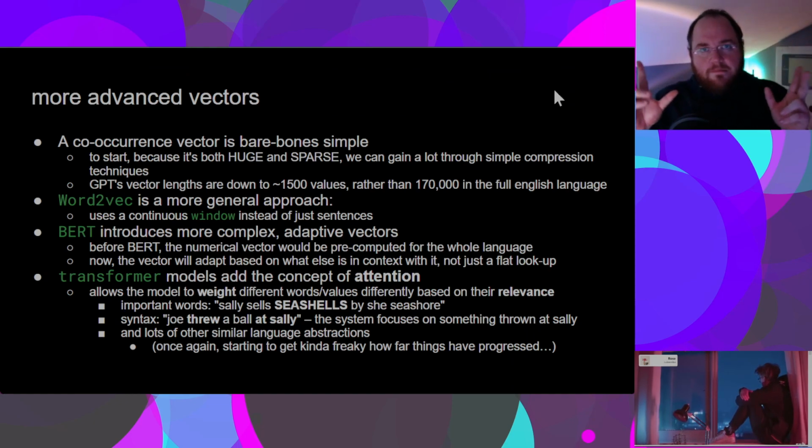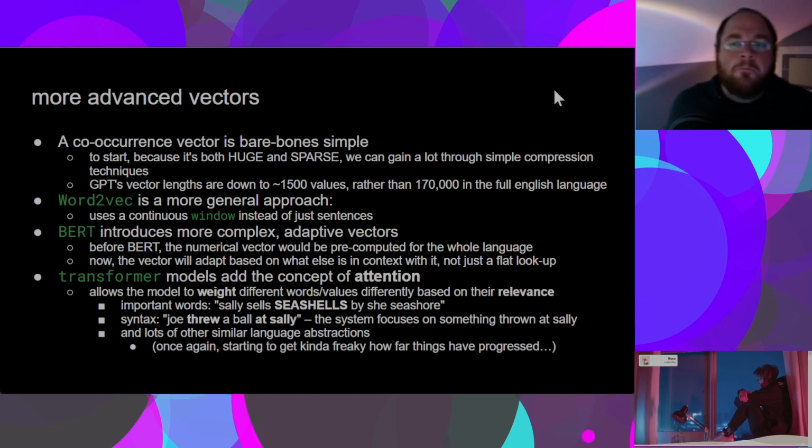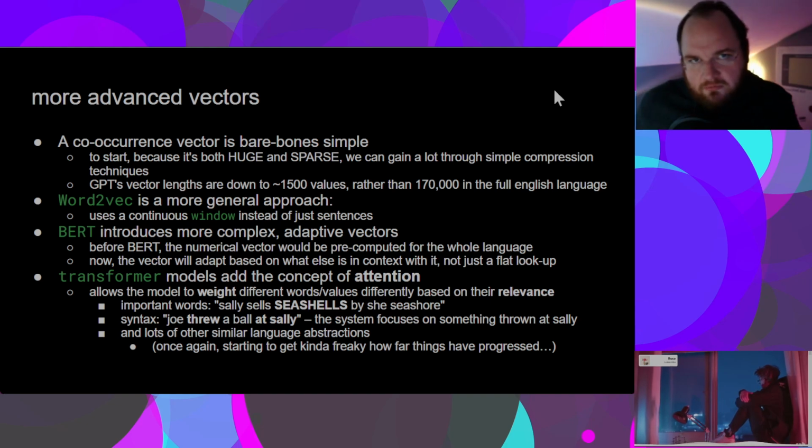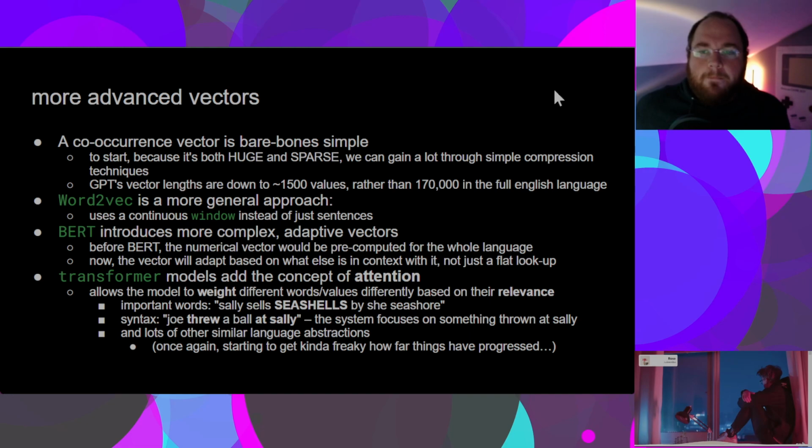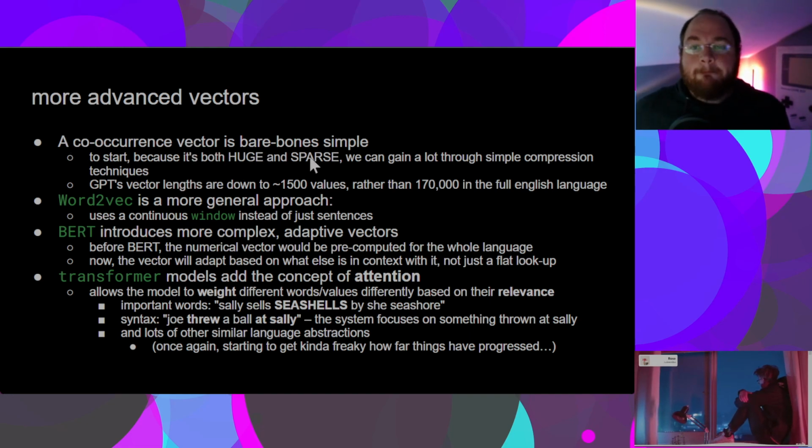These vectors end up being a useful representation for computing things like semantic differences, semantic relatedness, semantic transformations, right? Capturing all these things. But the version we showed today is useless. No one uses it. It would be huge and sparse and bad. So this co-occurrence vector idea is just to illustrate the concept, because it's too simple. First of all, it's huge and sparse. You would want to compress it.